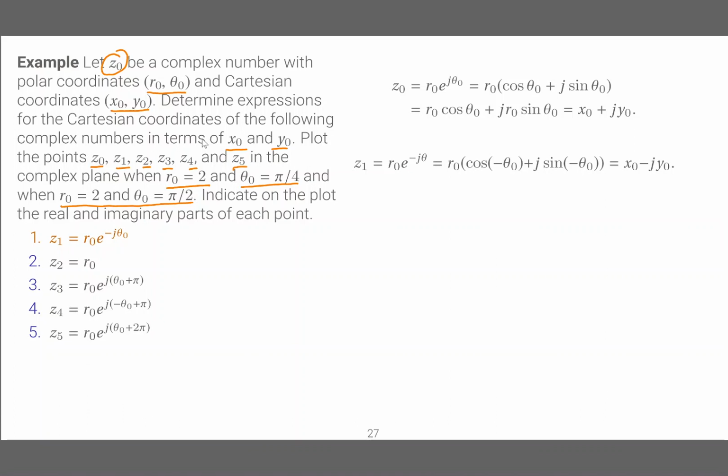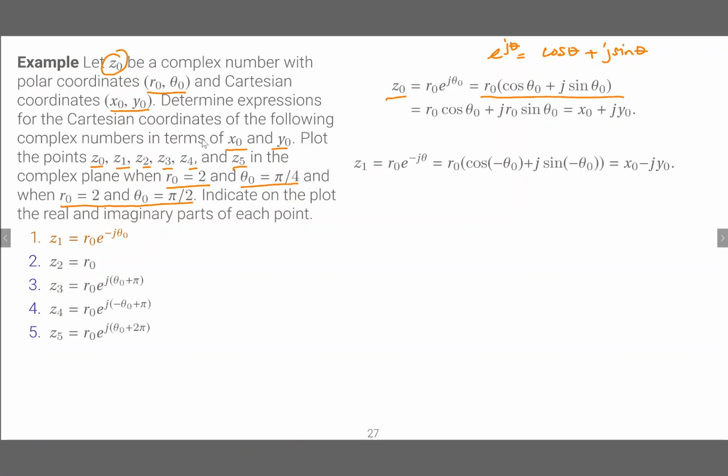Okay, so first let's look at z naught. In polar notation we write it as r naught e to the power of j theta naught, and we can write it in Cartesian form as r naught cos theta naught plus j sine theta naught, because you know that e to the power of j theta using Euler's relationship is cos theta plus j sine theta.